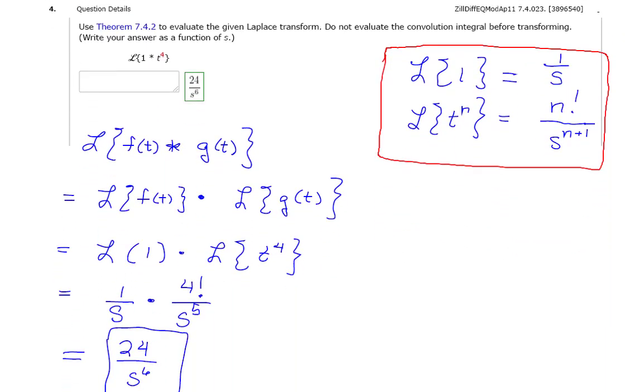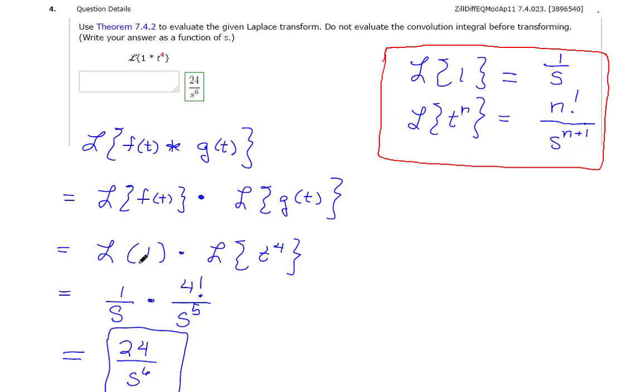All right, in question 4, they want us to find the Laplace transform of the convolution. We'll talk about the convolution in just a moment. But the Laplace transform of 1 is 1 over s. The Laplace transform of t to a power is n factorial over s to the n plus 1. So the Laplace transform of this convolution operation transforms into the Laplace transform of each one multiplied together.